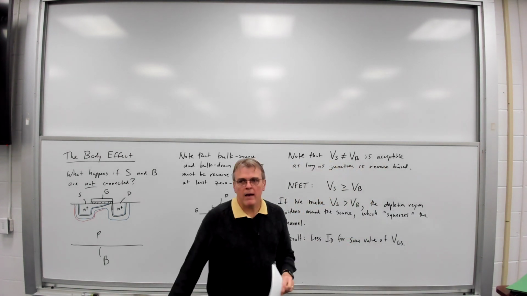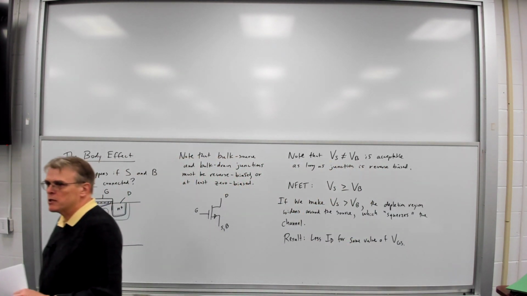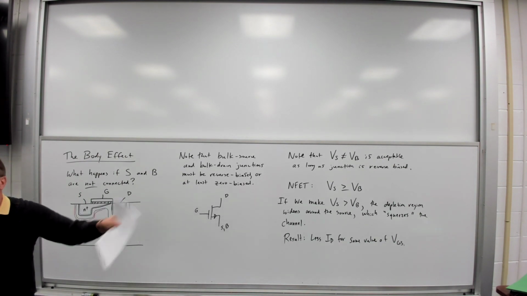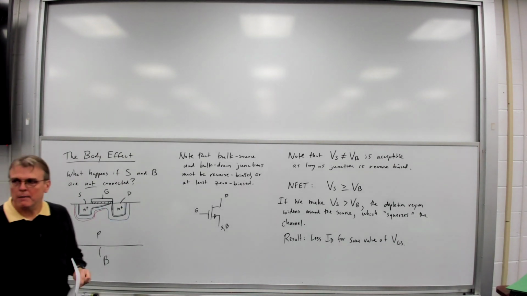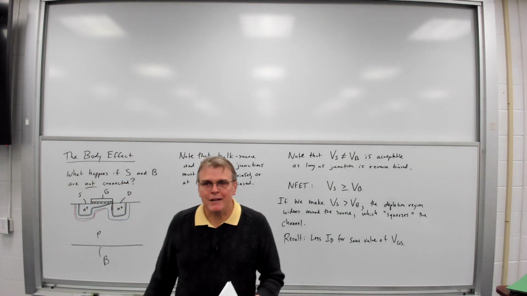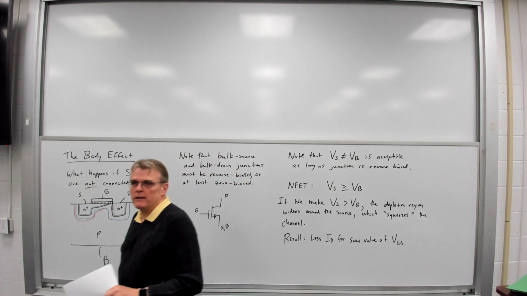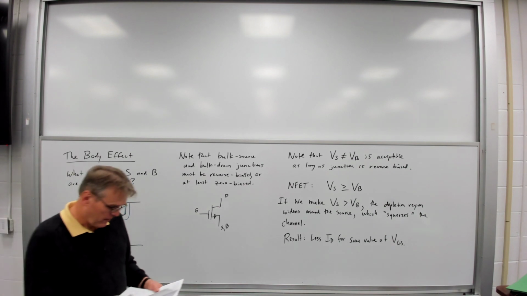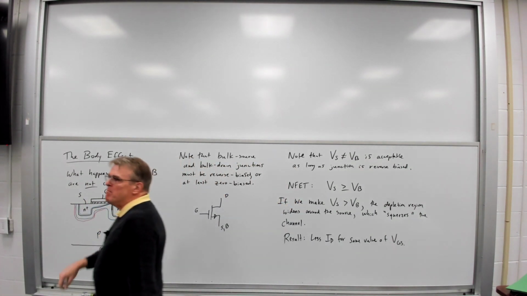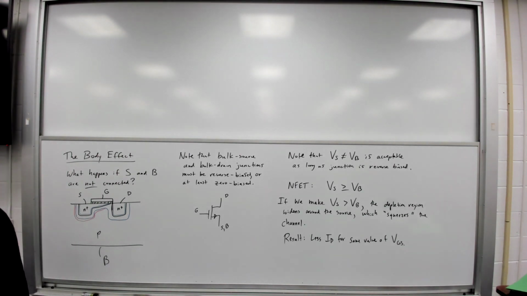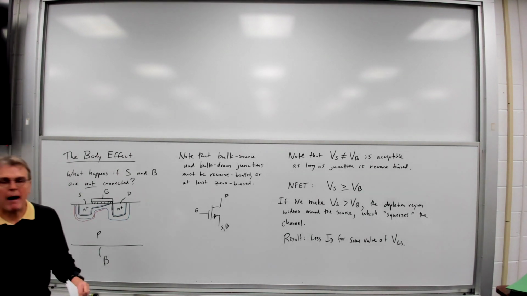For the same gate-source voltage, if I make the source more positive than the bulk, I'm not going to have the same geometry on the channel, and I'm going to have less effective drain current as a result. All right? There are lots of ways we can model this behavior, but we call this the body effect.